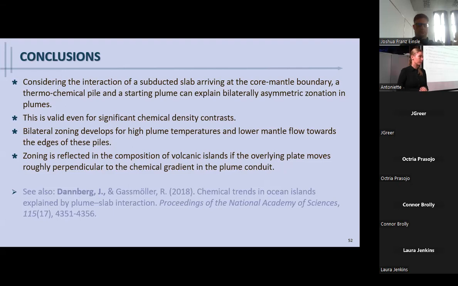So when you talk about the pile, is that something that is seen through seismic data, or is it just implied? Right, that's still one of the big questions, what are these piles? The seismologists can only tell us they have reduced seismic velocities, and they can maybe tell us what the P wave velocity and the S wave velocity are. From that, many studies have inferred they need to have a different composition because there's not a direct correlation between the reduction in P and S wave velocity.